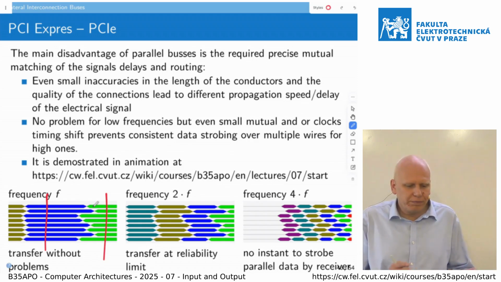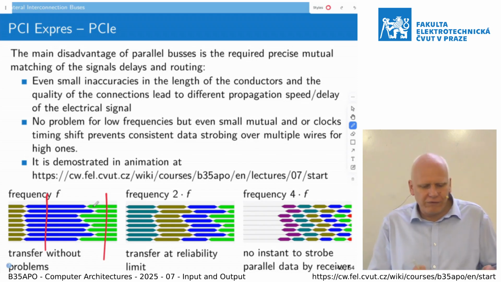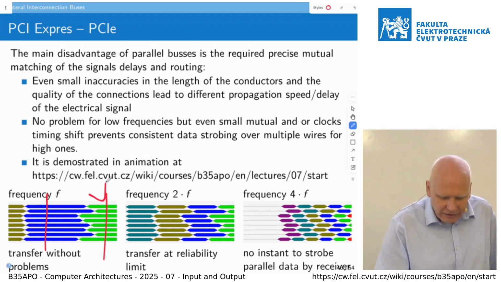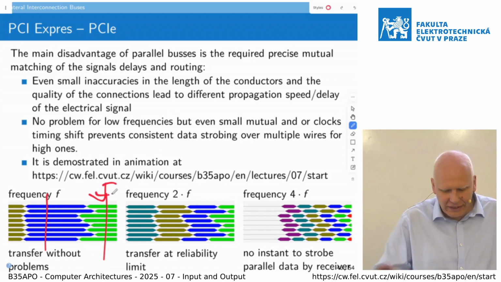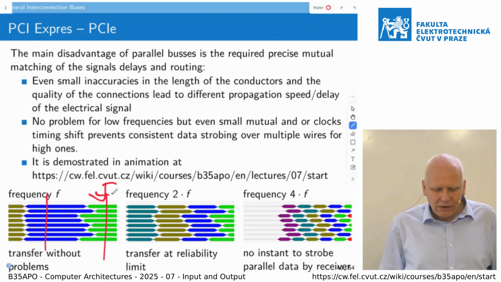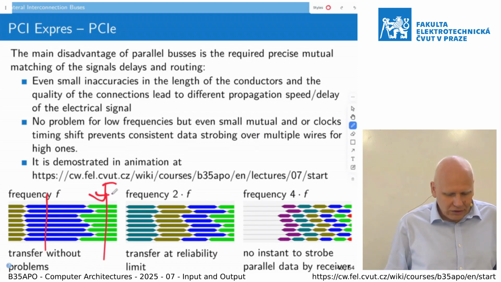This is not a problem at a low frequency, because you have the clock signal. It informs you that data are ready, and you sample them, strobe them, at the receiving side. So it is no problem.